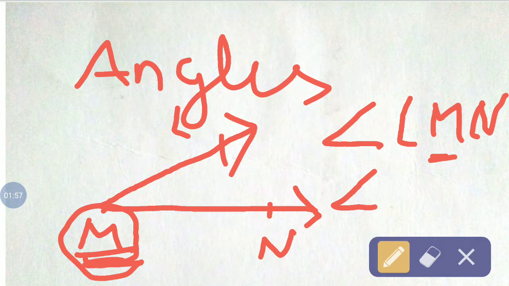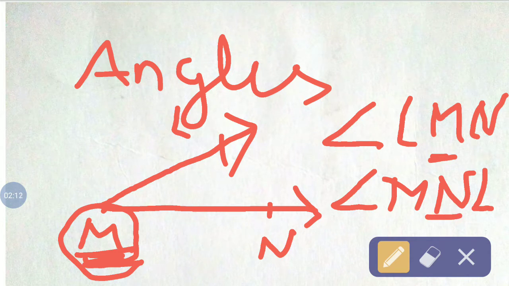Angle MNL is wrong as your vertex is not in the middle. So this will be wrong. Whenever you write the angle, your vertex should be in the middle.